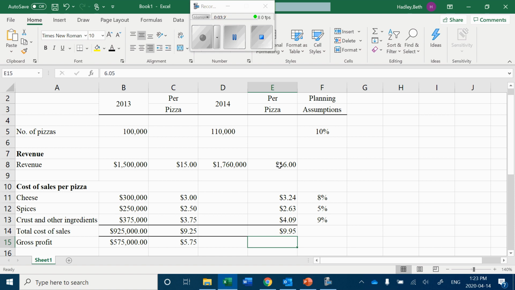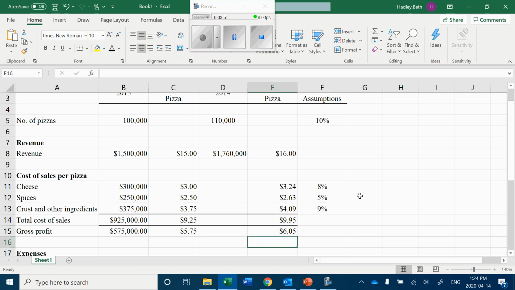So just like this $16 is the average selling price, this $9.95 is the variable costs per pizza. And then I'm going to put a formula in: equals the $16 minus the variable cost gives us a gross profit, but where those are the only variable costs, that gross profit is also the exact same thing as our contribution margin.